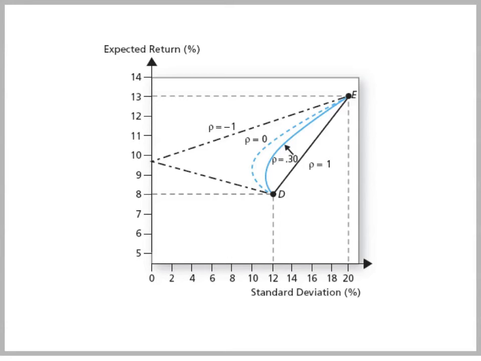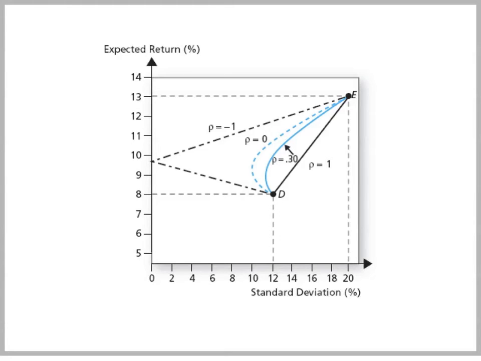Suppose we have asset D and asset E. Asset D has 12% standard deviation and 8% expected return, that's a mu of 8% for D. And E has a 20% standard deviation and a 13% expected return. Then as we choose omega, we are going to be forming portfolios that are combinations of these two assets.